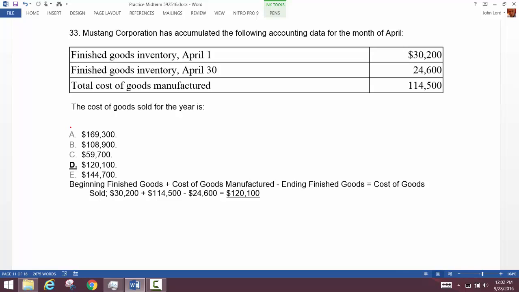Mustang Corporation. And we're trying to figure out our cost of goods sold here, aren't we? Okay, good. So you're going to analyze finished goods? You want to use that BASE thing to do it?